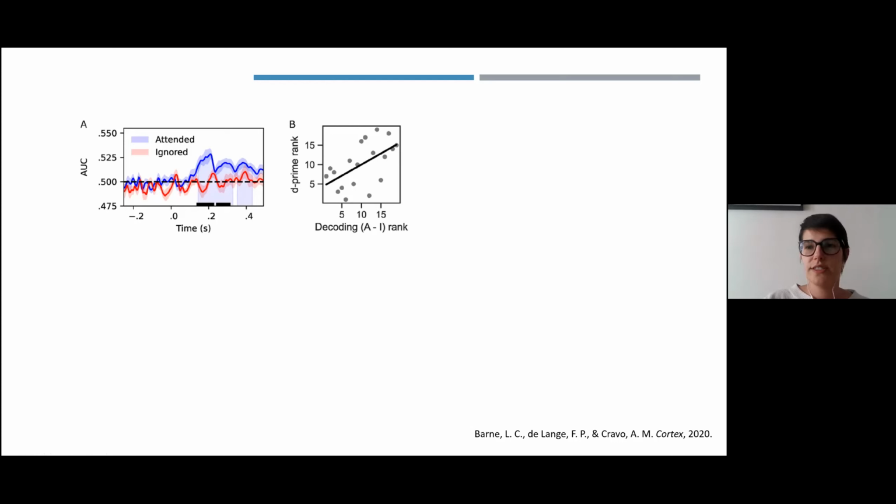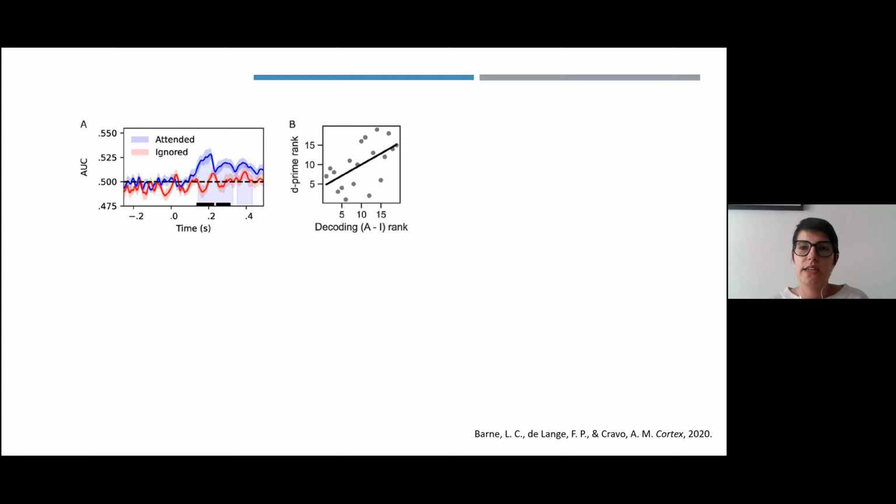If we take the decoding score for attended stimuli minus the ignored stimuli, and do a cross-participant correlation, you see that the participants who did better in the task, with the d prime, were also those with a clear difference in the feature decoding here.